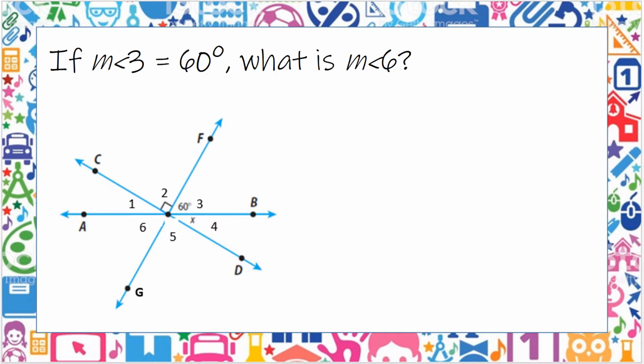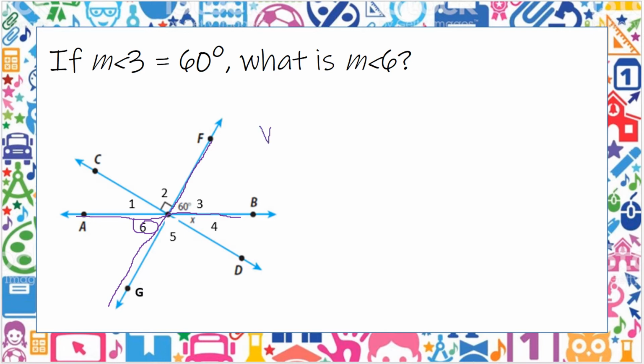If the measure of angle 3 is 60, what is the measure of angle 6? So if you look, I'm going to trace the two lines that create angle 6. It also creates angle 3.